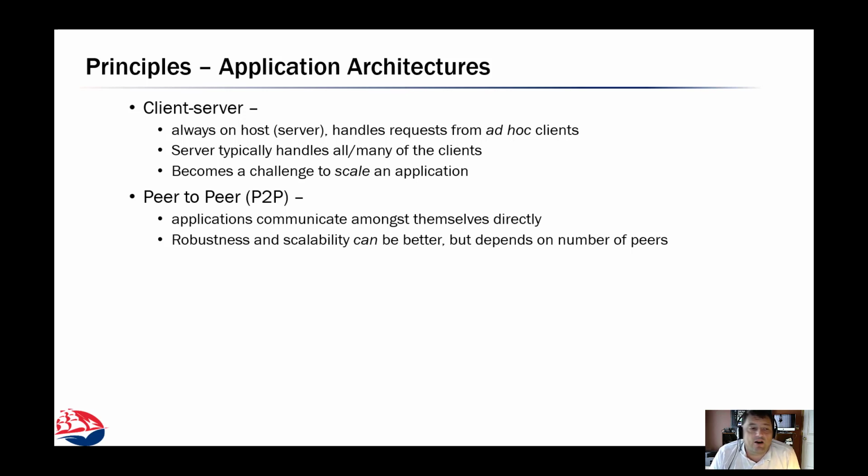The client-server model is by far the most common that you're likely to bump into today. In the standard client-server model, there's an always-on host that is always listening for incoming connections. When an ad hoc client, like your computer, connects to that server, the server will evaluate the message, perform some task on behalf of that connection, and then listen for another request.